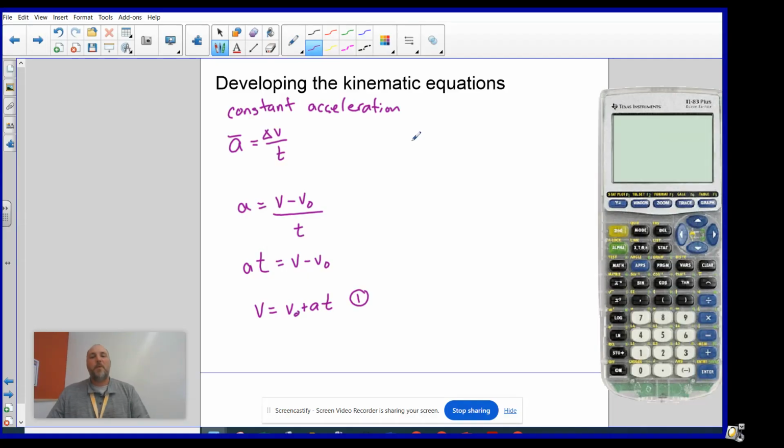Okay? I'm also going to use the definition of average velocity. Average velocity is displacement over time. Now, typically, your velocity could be changing, and if your velocity is reaching different values for different amounts of time, then this is a pretty complex problem.